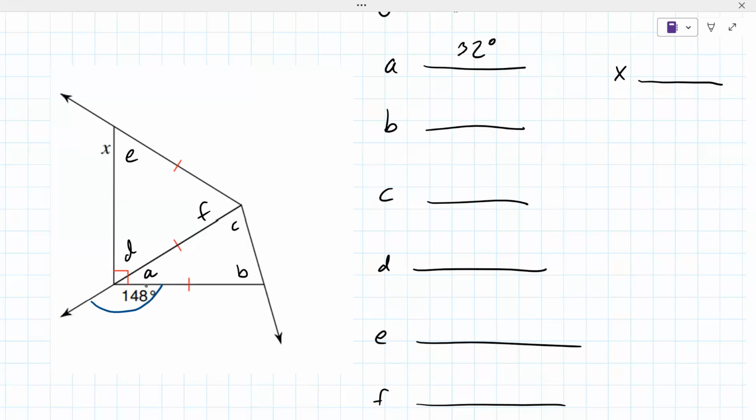I'm kind of stuck on the EDF one. I'm just not sure on that.